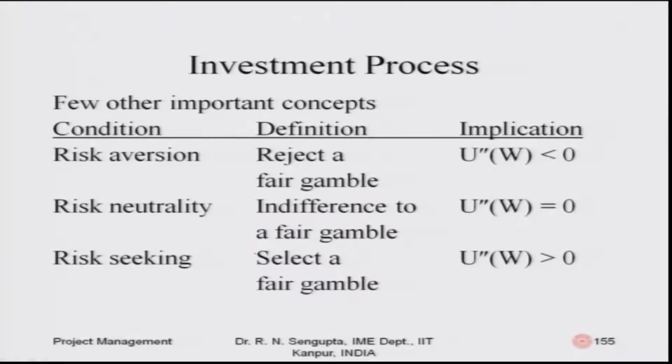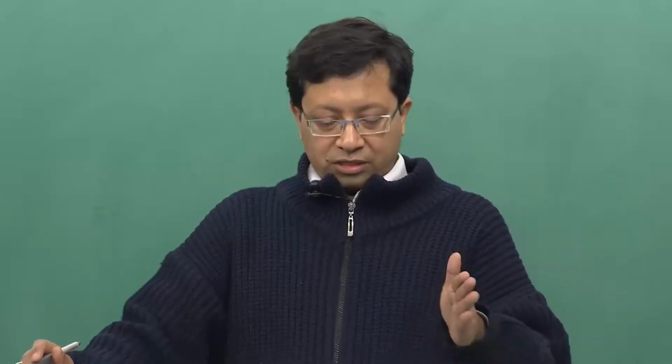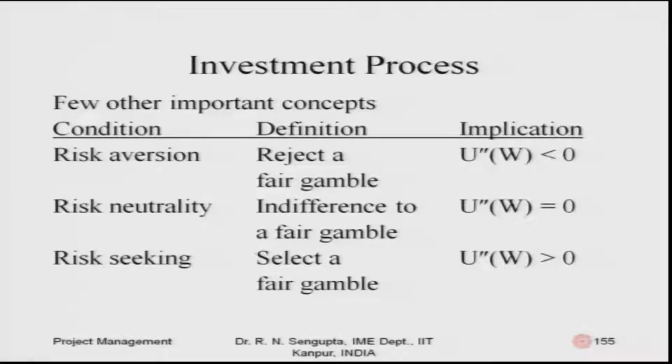Now, as I mentioned, the second derivative of the utility function with respect to wealth is u double prime. If you consider the first column, the second column and the third column, it will give you an immediate sense of how it is explained. The risk aversion property is a person who rejects a fair gamble, hence the second derivative is less than 0, because if the curve is like this, du dw is increasing, but at a decreasing rate.